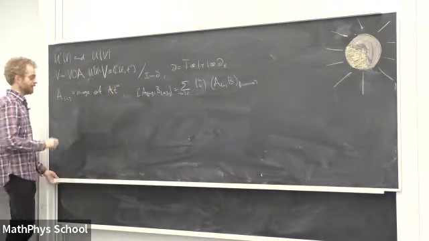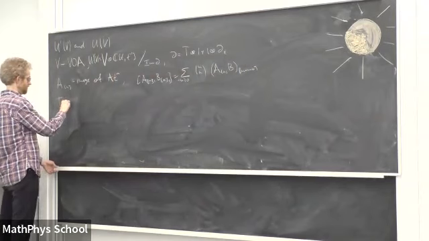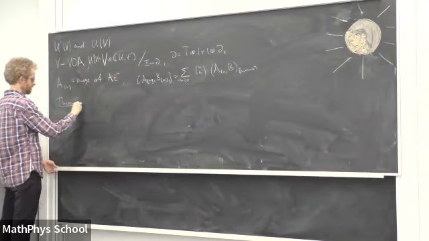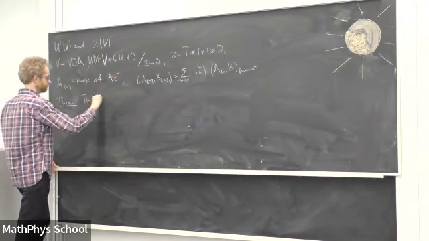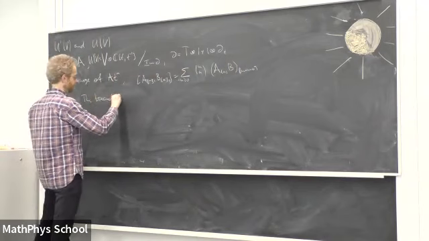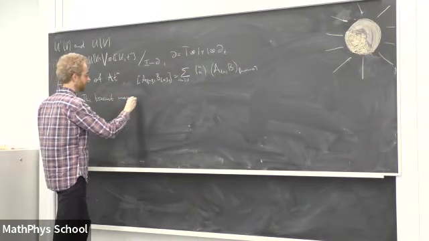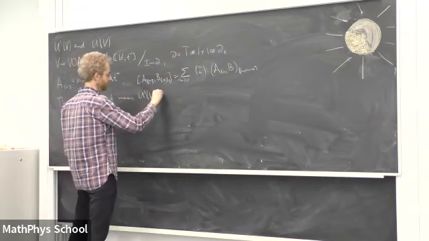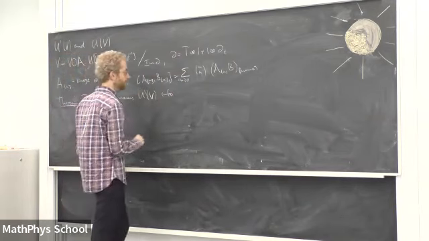And the theorem says that the bracket makes U prime of V into a Lie algebra.